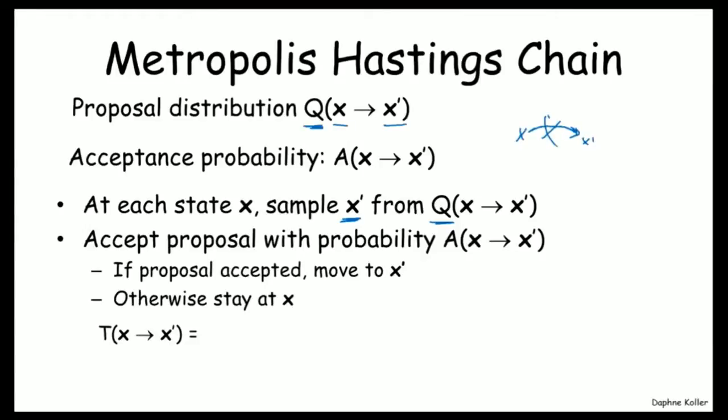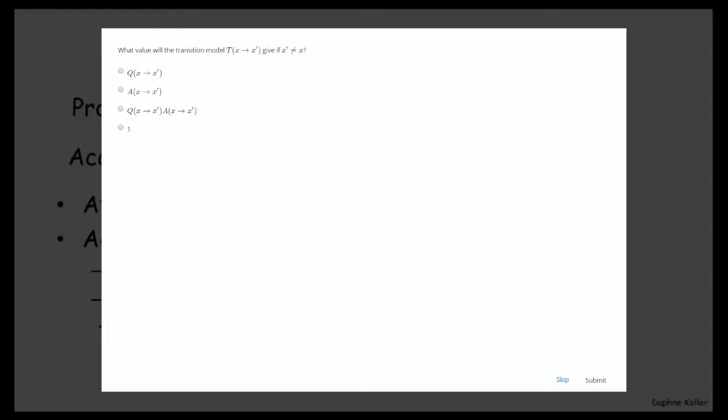So what transition model does that give rise to? Because ultimately this just gives us a transition model from x to x prime. So there's two cases. Case number one is if x prime is not x, that is x prime is a state other than x.